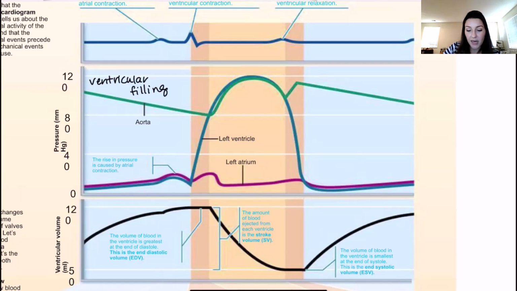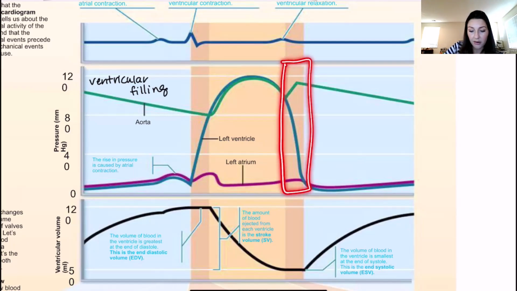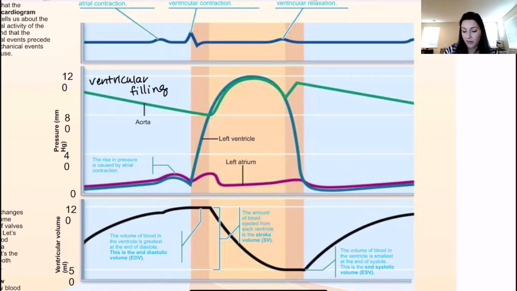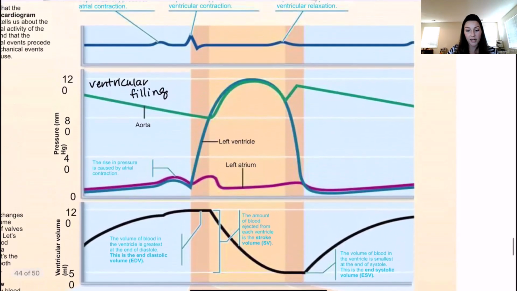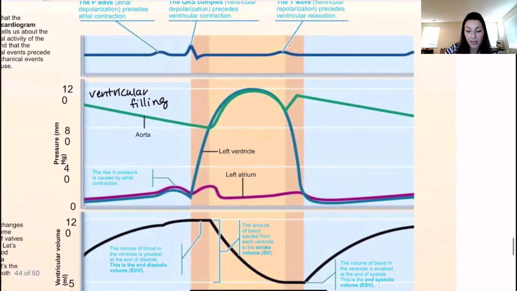The last bit of the cardiac cycle, this last brown bit here, is isovolumetric relaxation. Iso meaning same volume, relaxation meaning relaxing, okay? We would expect on our ECG that right before relaxation, we would repolarize, and that's exactly what happens.